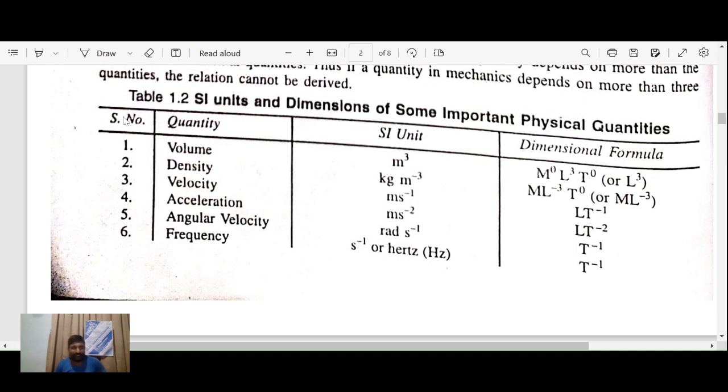First, you can see here a serial number, quantity, SI unit, and dimensional formula: four columns. Over here, for volume, the SI unit is cubic meter. And the dimensional formula, remember it, you should write L to the power 3.